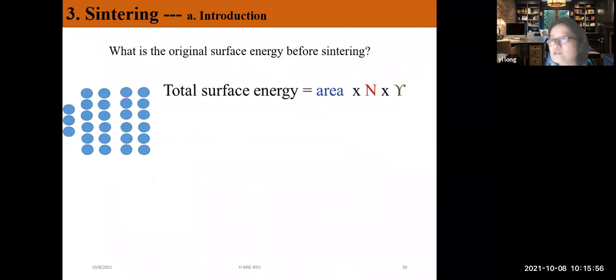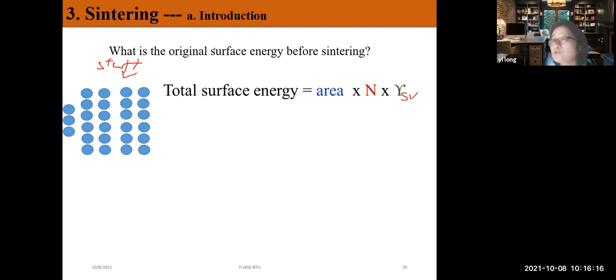The total surface energy for this starting case: we start from loose particles. Each particle is in contact with the vapor, so the gamma here, as you already wrote in the chat box, is gamma SV.